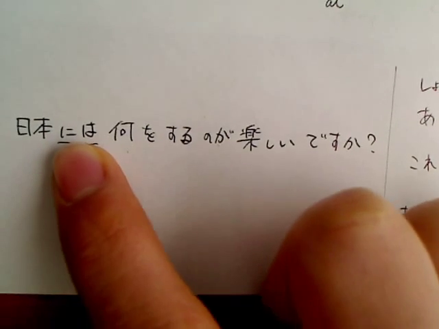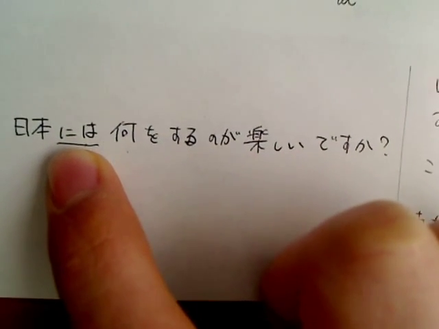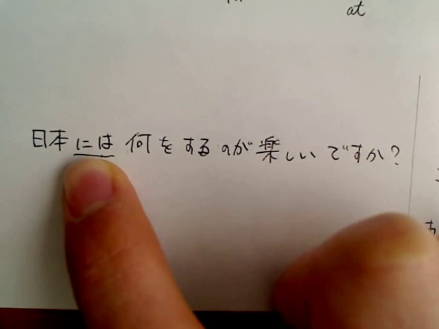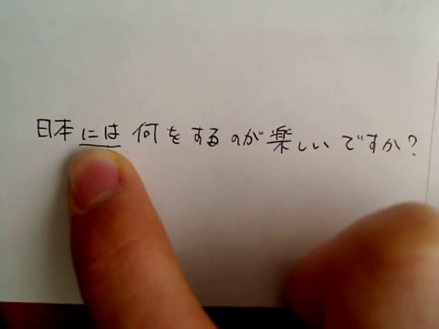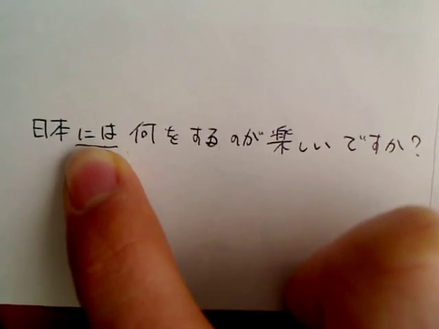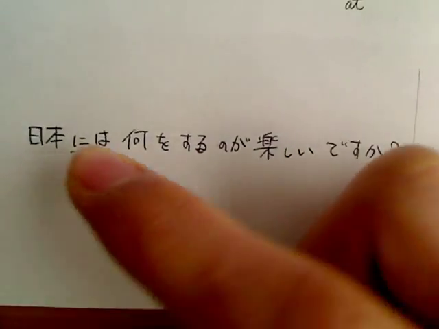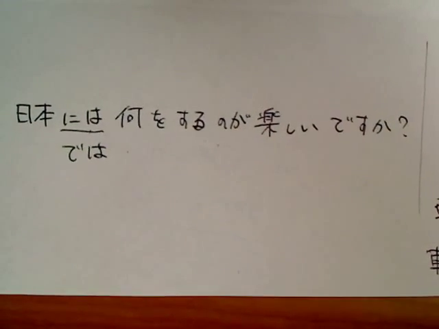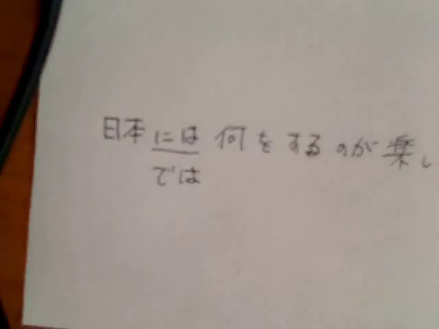I think he or she wanted to say, what's fun to do in Japan? But it should be 日本では何をするのが楽しいですか? It's same in English. What's fun to do in Japan?